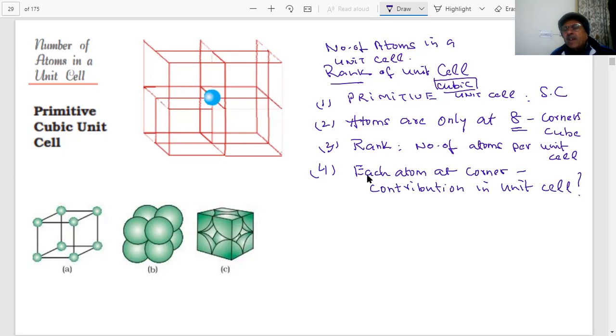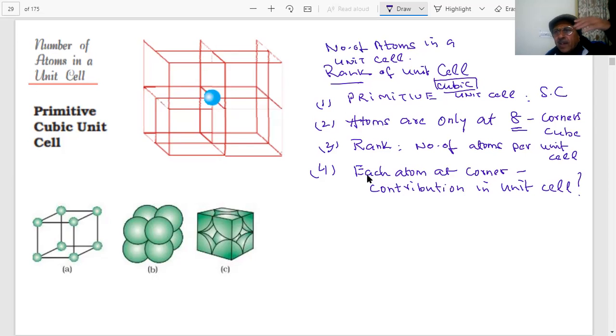This is visualization. Consider the room and see the corner of the room. How many rooms join it? Left side, two on the other side, and on the top also.